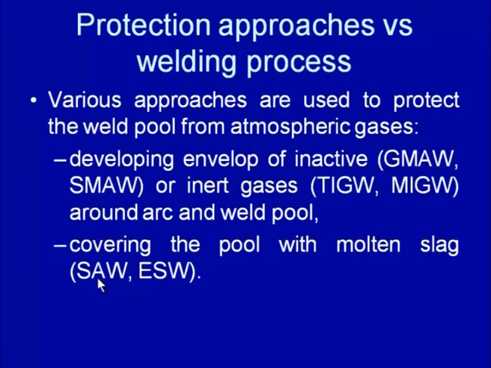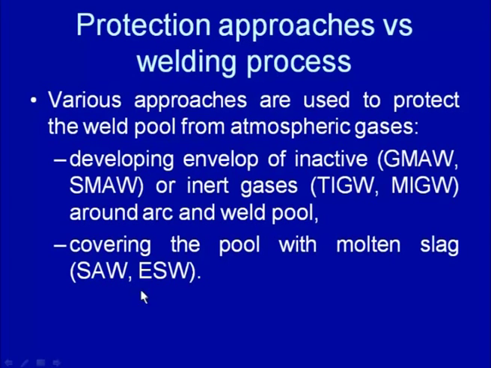In submerged arc welding, the whole electrode is buried or submerged under the cover of flux or the pool of flux. So, when the arc is established, that flux melts and forms a shield of molten slag and molten flux around the arc, and so protects the weld pool from atmospheric contamination.